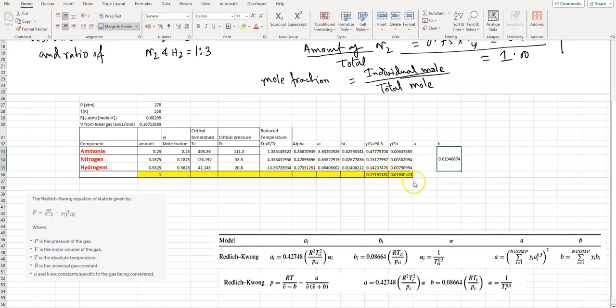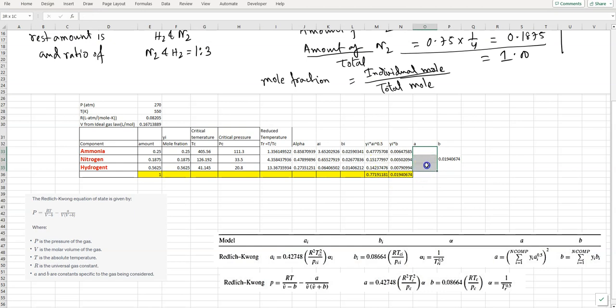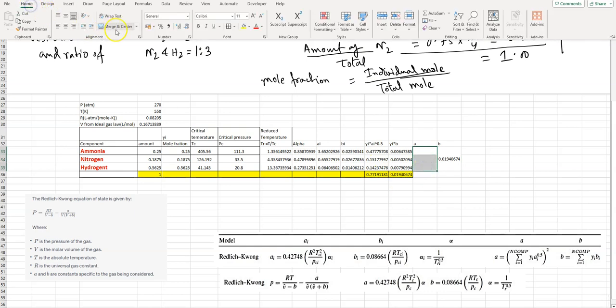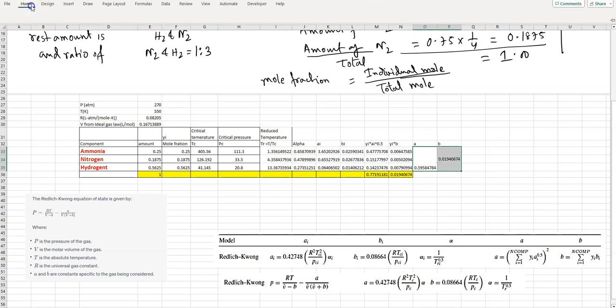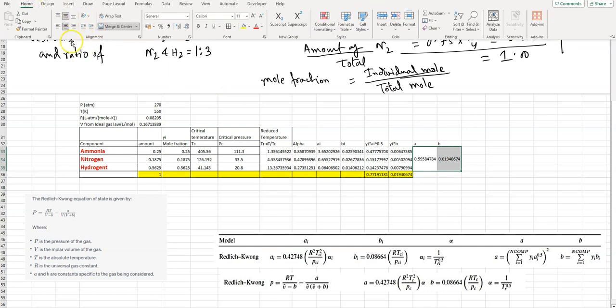And A will be merged, and then that will be equal to this value, whole squared. If we do that, that will be A and B. So home, and this value, and we can make it bold also.